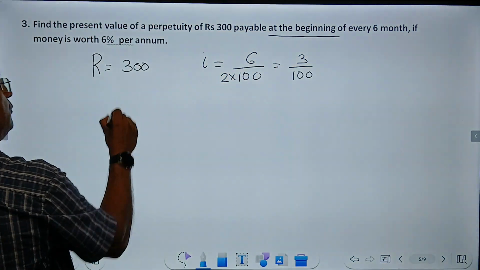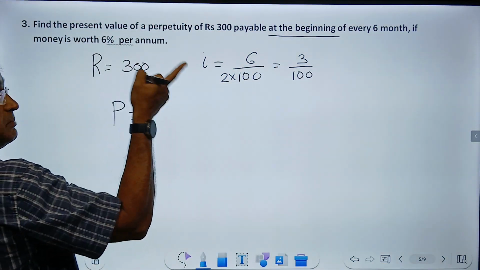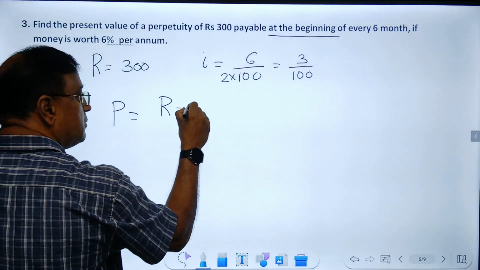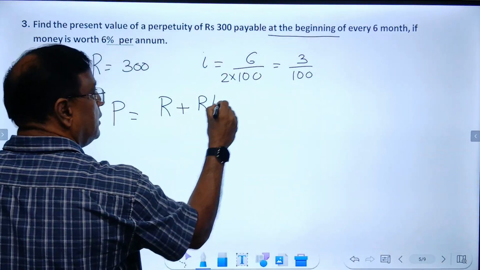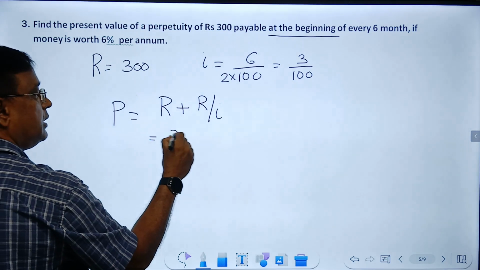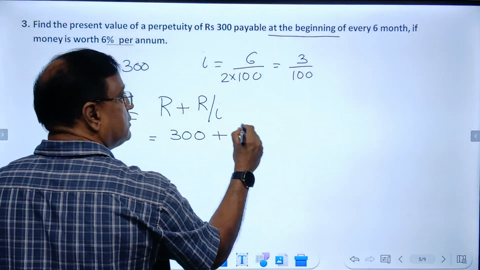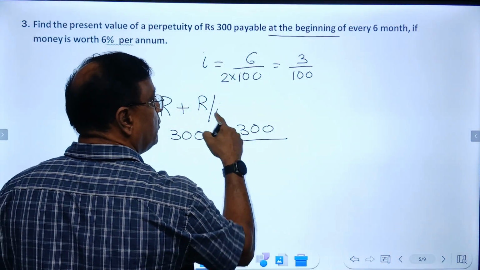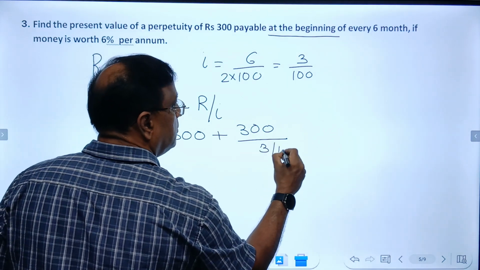Now what is the present value formula? Since it is beginning, it should be R plus R by I. Now what R stands for here? 300 plus 300 divided by what is I? 3 by 100.